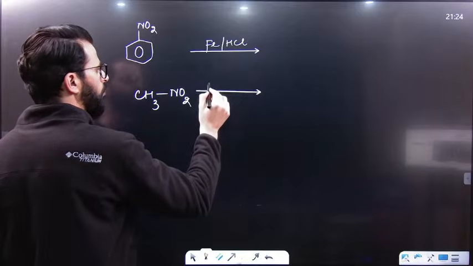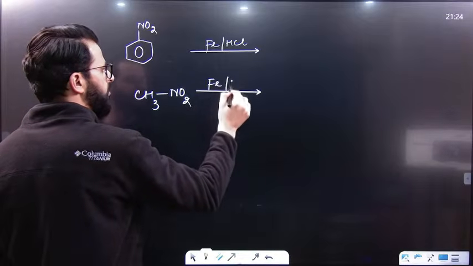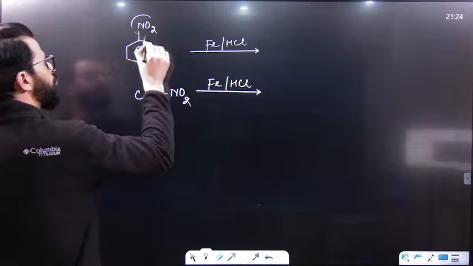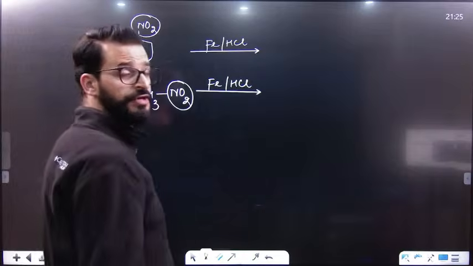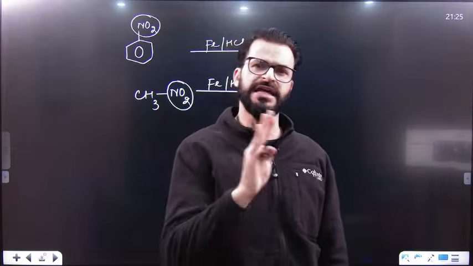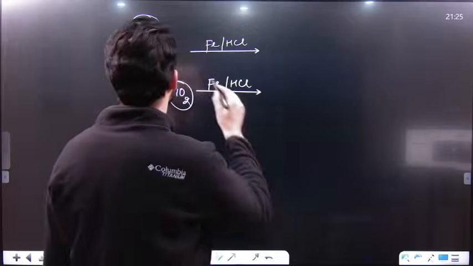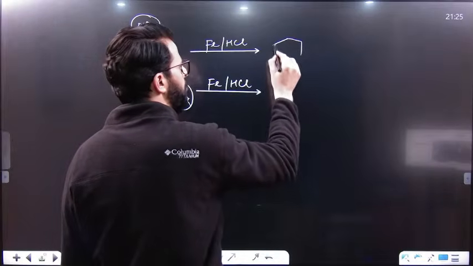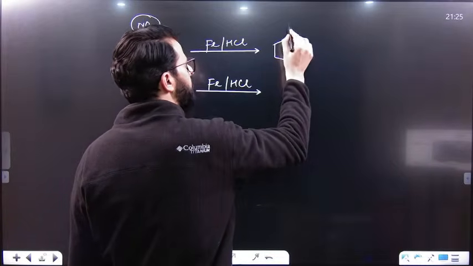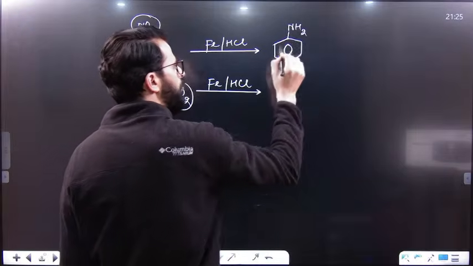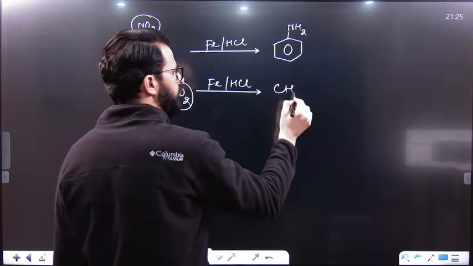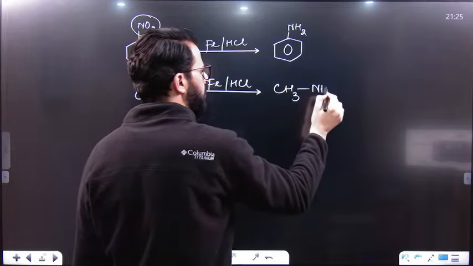What we have to do is simply replace that NO2 by NH2. So the simple product formation will be like this. Here we will get aniline, that means aromatic primary amine, and here we will get aliphatic primary amine.